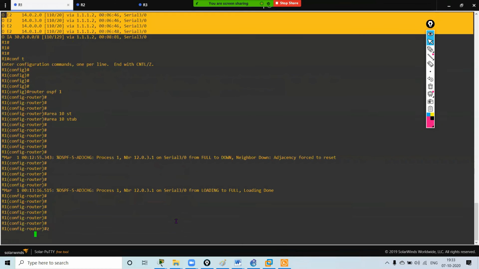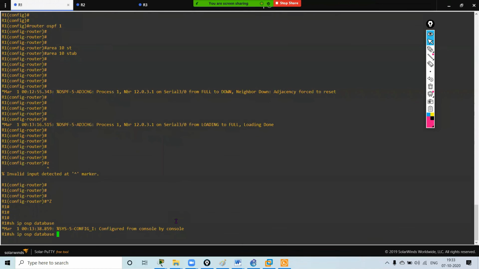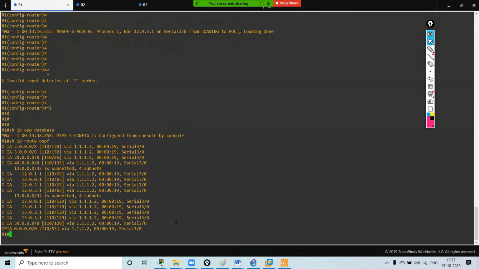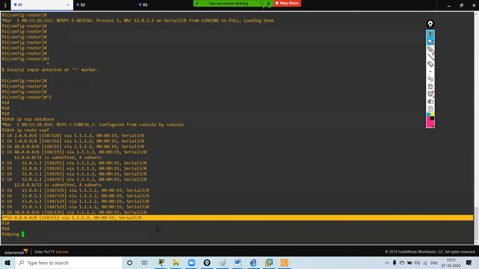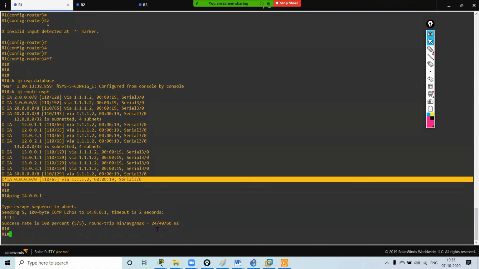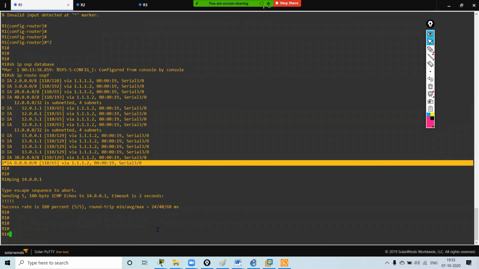If I go on R1 and if I check show IP route OSPF, my external routes, E2 routes are removed and I only have one O star IA route. If I try to ping 14.0.0.1 from here, I am able to reach 14.0.0.1 from here.